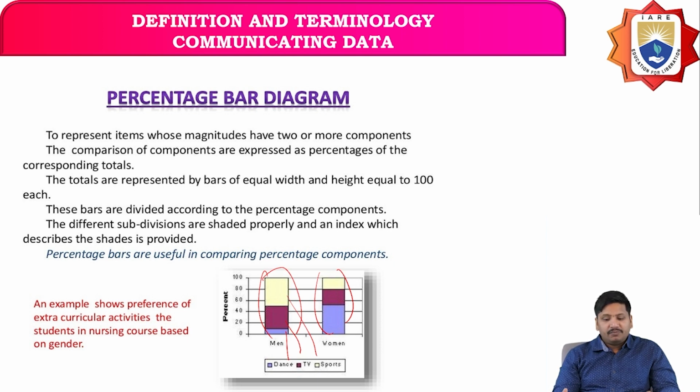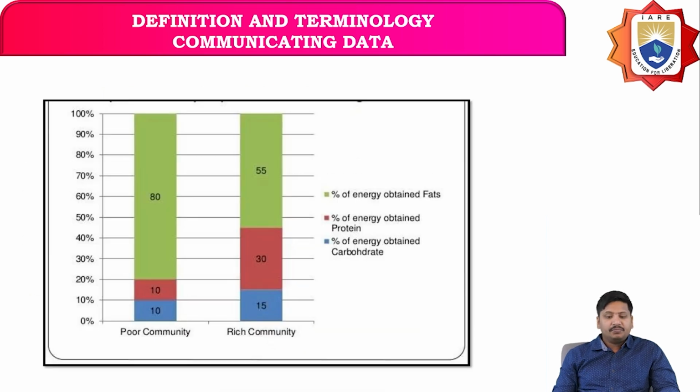How much percentage of people are interested in different hobbies? If we have to present that, it should be called a percentage bar diagram. So normally this one is going to represent the item whose magnitude has two or more components, and the comparison of the components is going to be exposed in terms of percentages, and the totals are going to be presented by equal width and equal height.